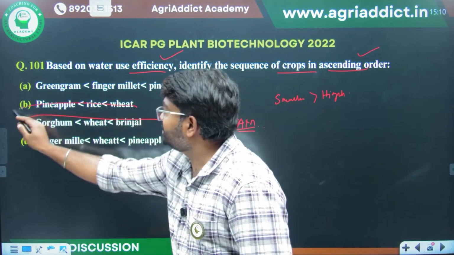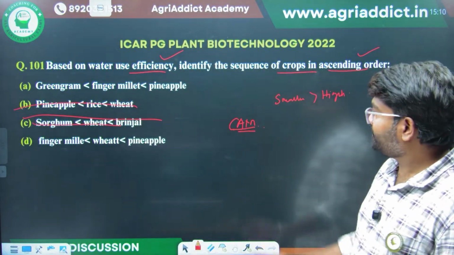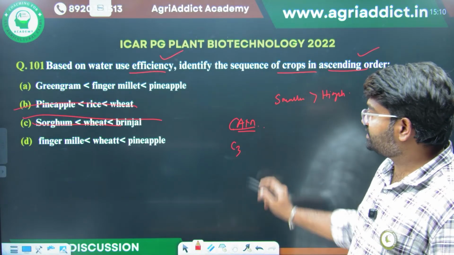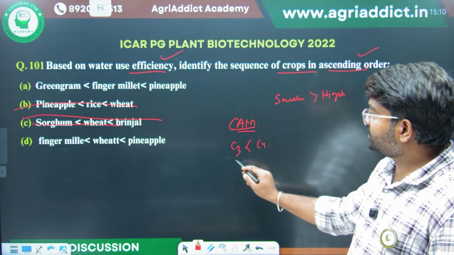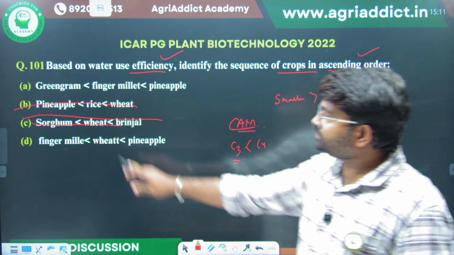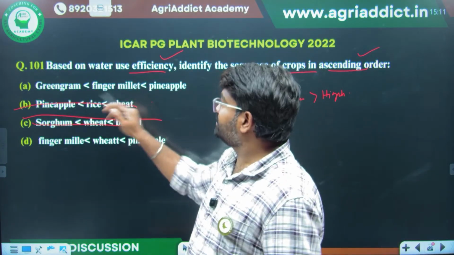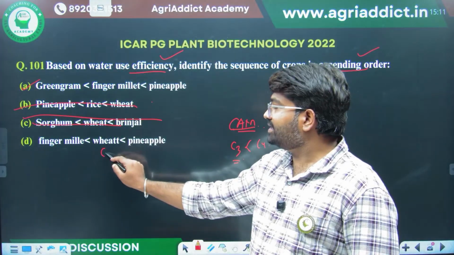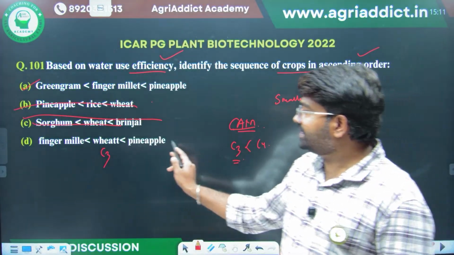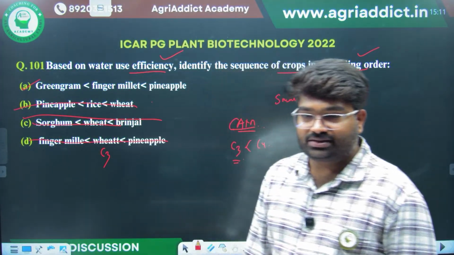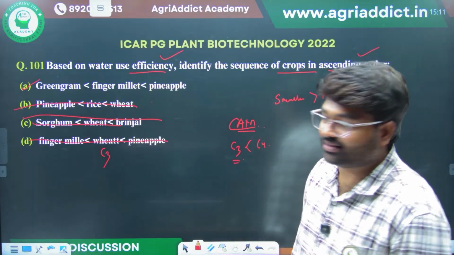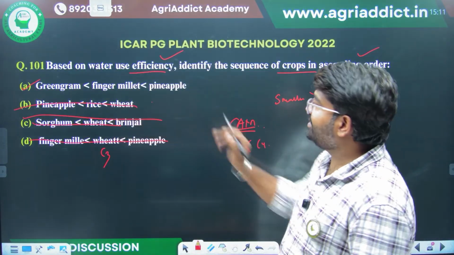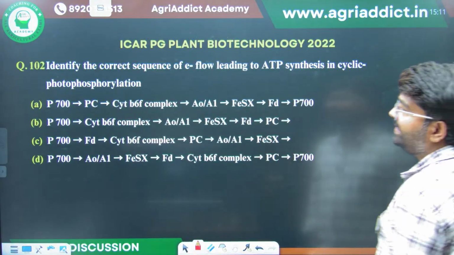Only in these two options, CAM is coming at last. C3 plant will have less water use efficiency compared to C4, so C3 plant should come first. Green gram, finger millet. Yes, this will be the right option because wheat is a C3 crop. This will also not come. Clear. We are just selecting the option by elimination method. So green gram, finger millet and pineapple will be the right answer.